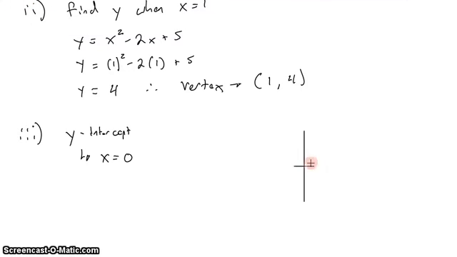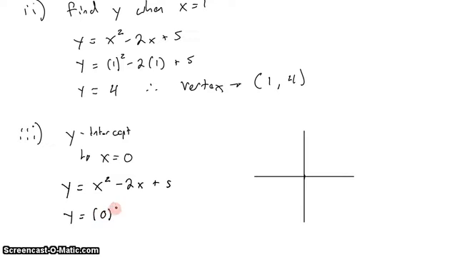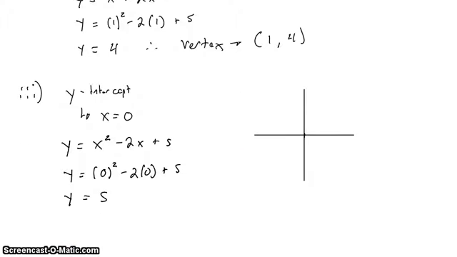Remember, if you're looking for axes intercepts, all the y-intercepts occur somewhere on this line, and everywhere on this line, the x component is equal to 0. So I get y equals x squared, take 2x plus 5. That means y equals 0 squared, take 2 times 0 plus 5. That's 5. That's my y-intercept.